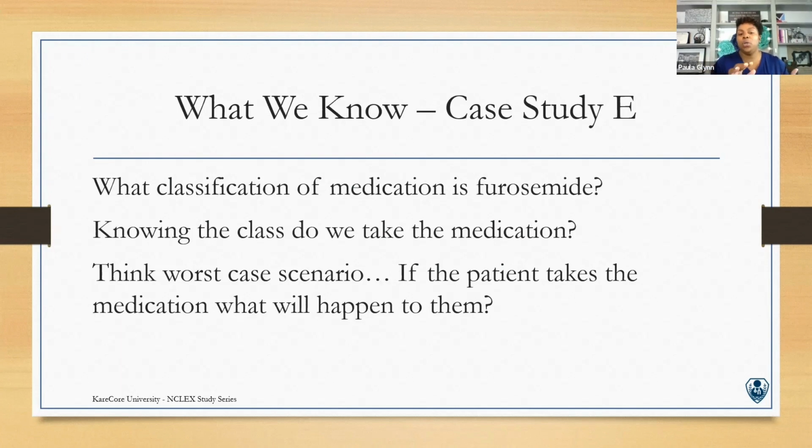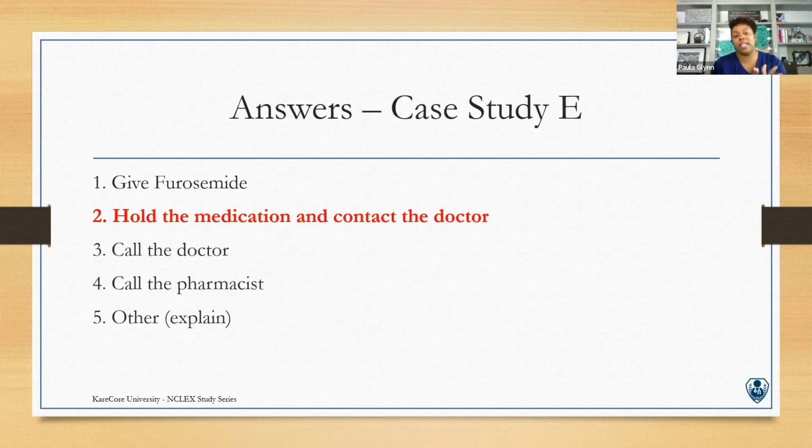So you would hold the medication and contact the doctor. And the reason why, you wouldn't just call the doctor and say, hey, I have this Lasix. You want to give all of their lab results. You want to tell them what it is that you're concerned about.